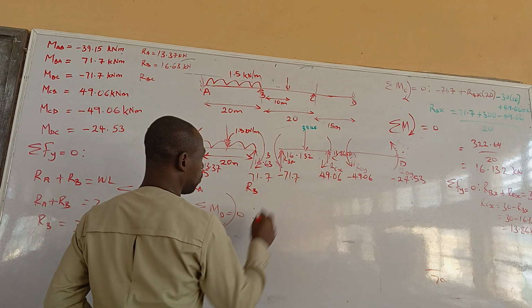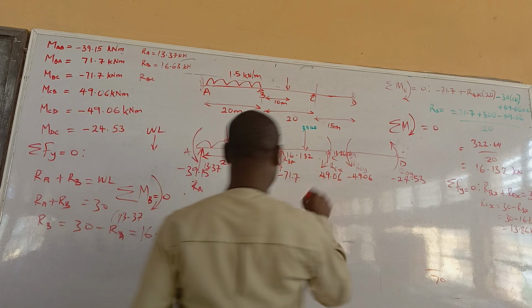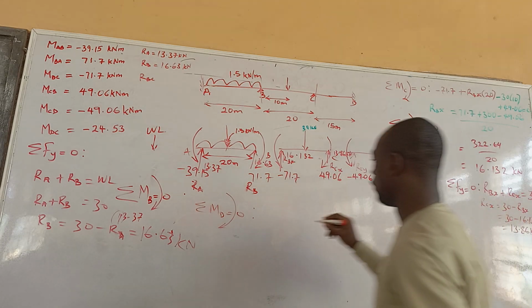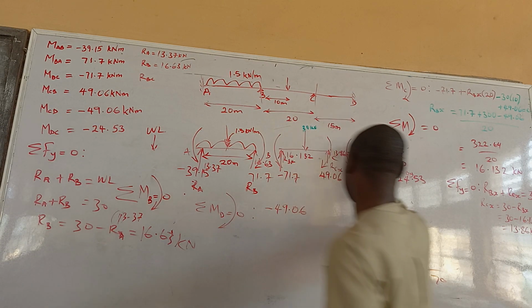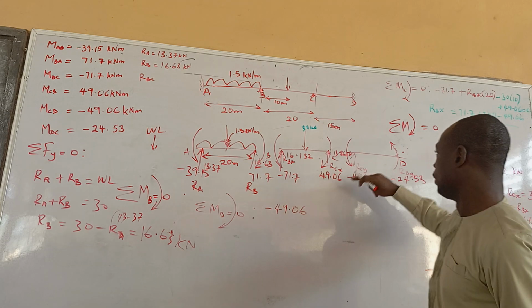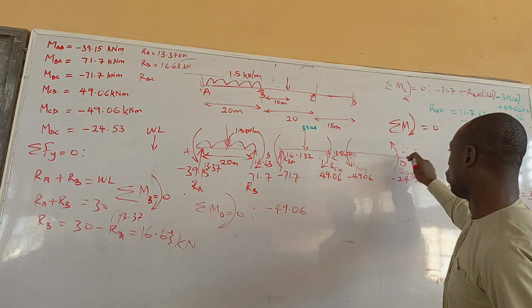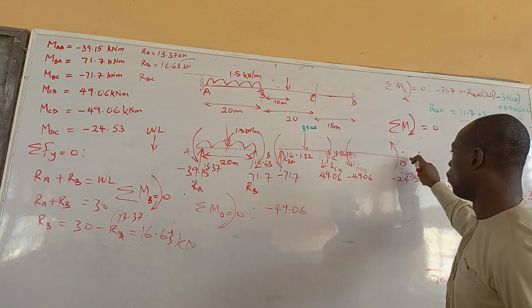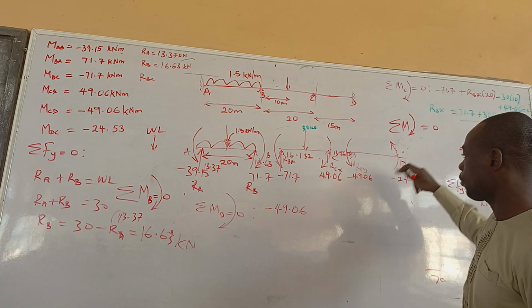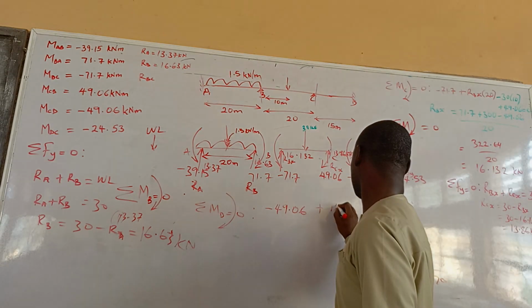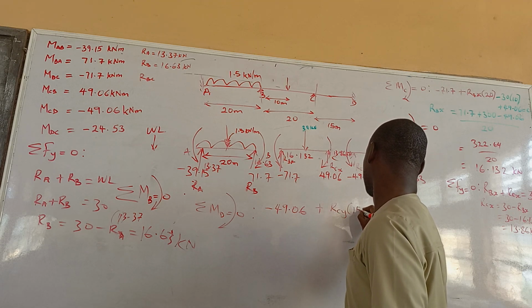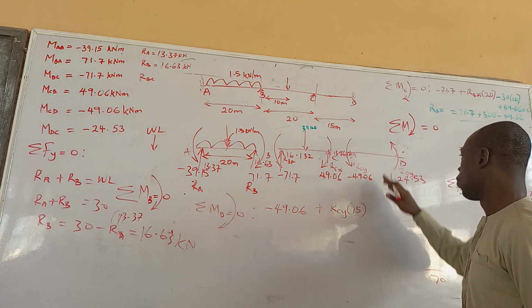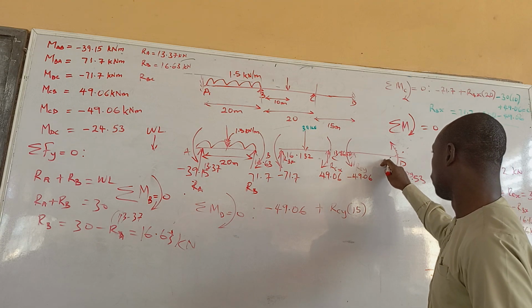I have a moment here, which is, however, negative, so I have minus 49.06. That's the moment here. Now, this one to this point, will it be positive or negative? Positive. Plus RCY times what distance is it covering? 15. Now, do we have another reaction?